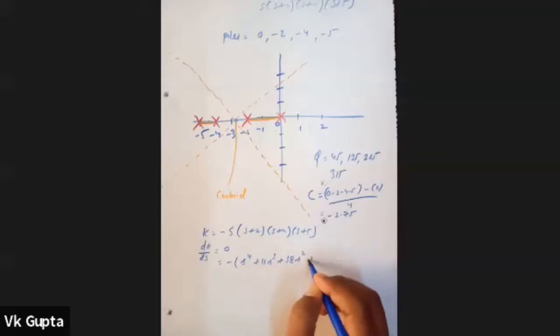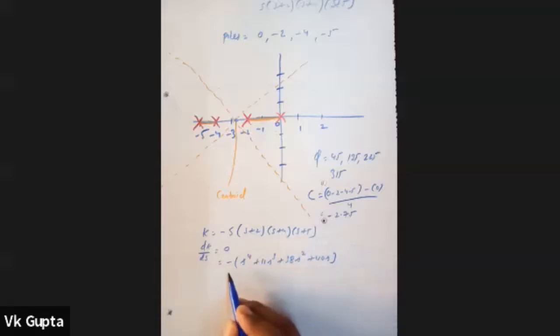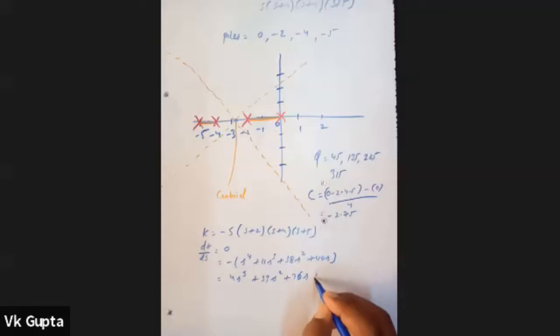Multiplying the characteristic equation out and differentiating gives 4s cube plus 33s square plus 76s plus 40, and we set this equal to 0.